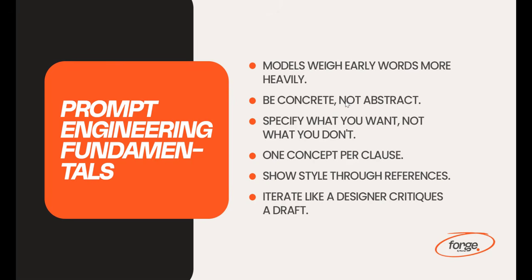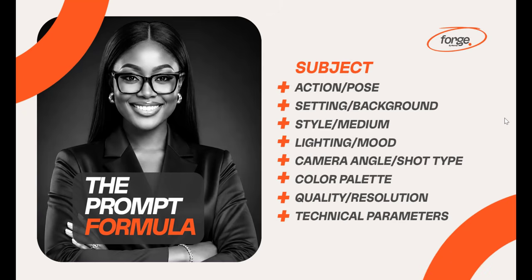So the next thing we want to quickly look at now, and this is where we're going to start practicalizing everything, is the prompt formula. What is the formula for prompting? Number 1, your subject first. Then after the subject, the next thing you want to talk about is the action or the pose.